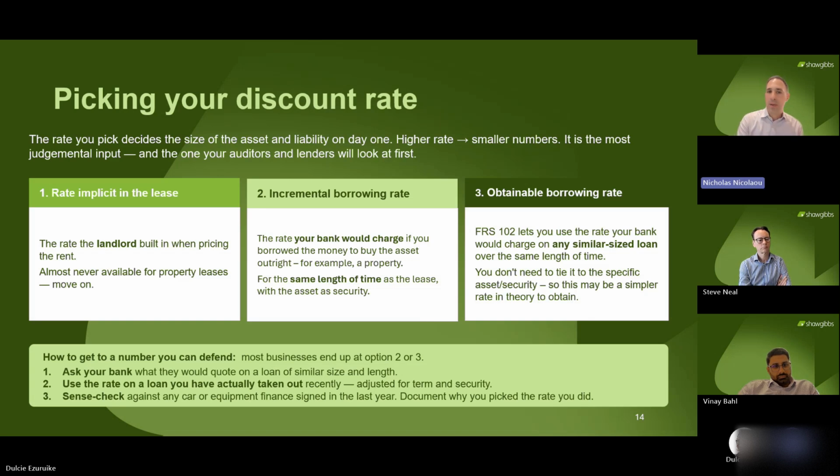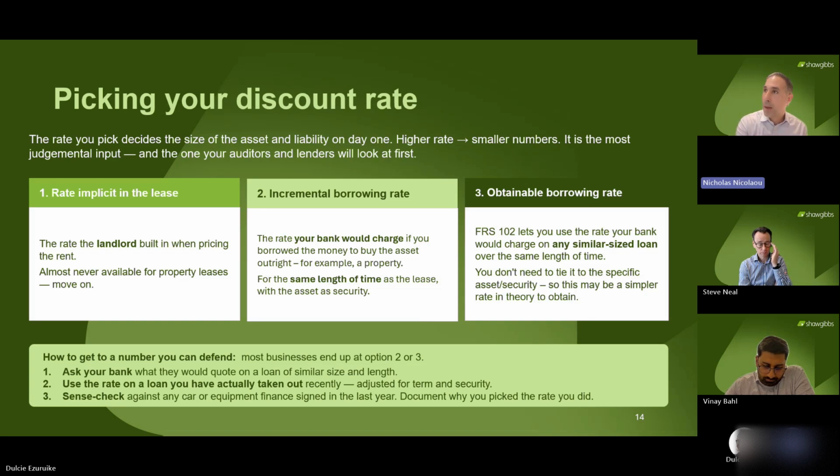I think in theory, a lot of business owners will be using the incremental borrowing rate and the obtainable borrowing rate. These two are very similar. There's just a slight nuance between the two methods here. The incremental borrowing rate is the rate you'd go to your bank and borrow at for a similar asset.